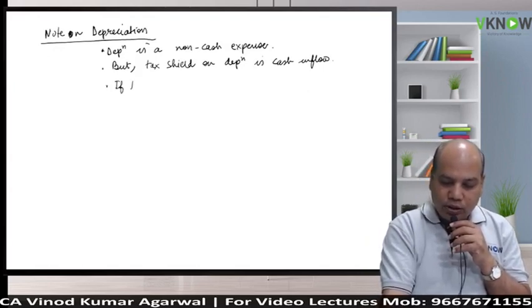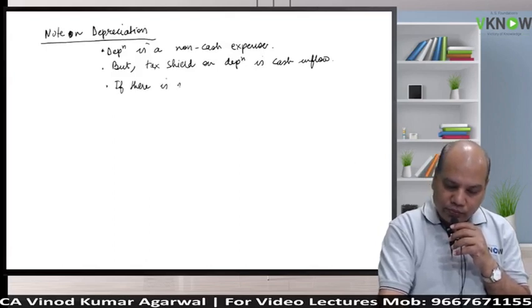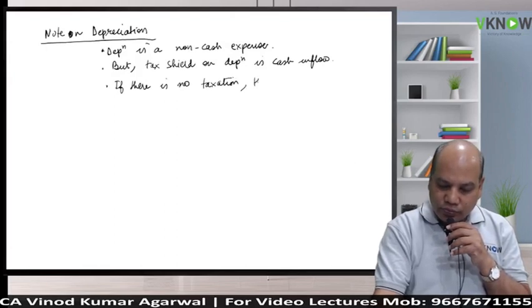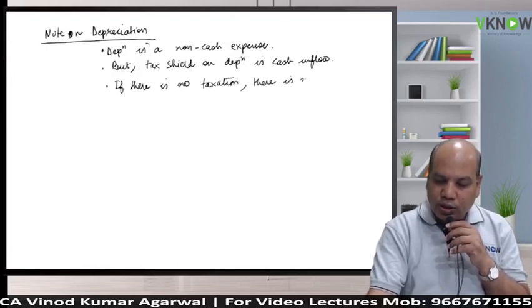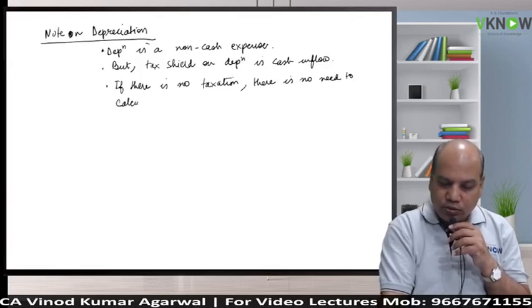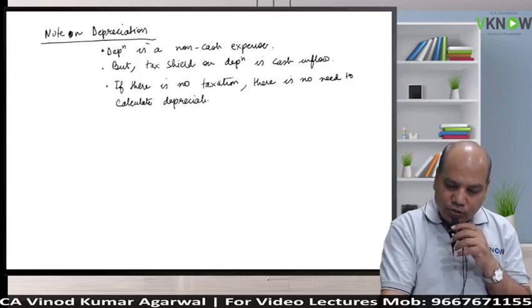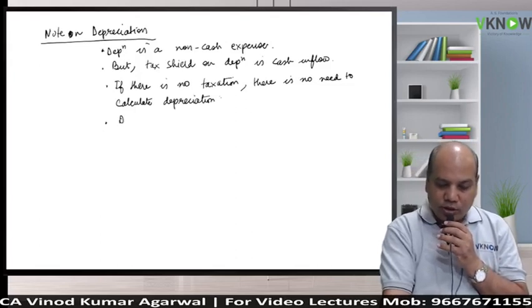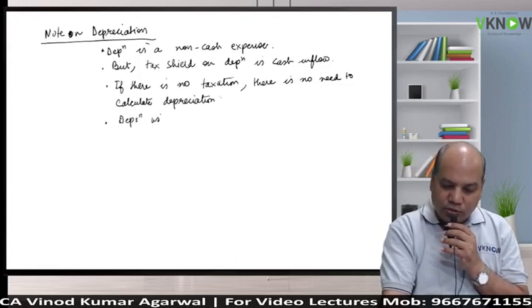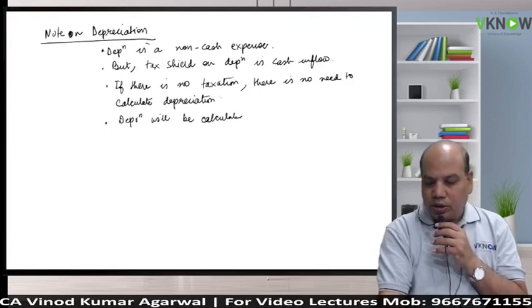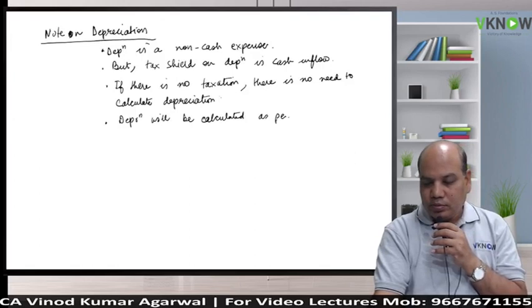Next note: if there is no taxation, there is no need to calculate depreciation, or depreciation is irrelevant. So don't calculate it. Next point, write down: depreciation will be calculated as per what?